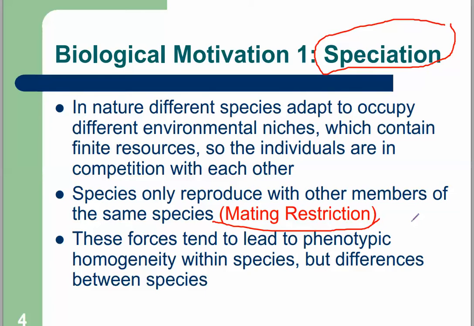It is a restriction of mating, and it is speciation. For example, the lion in Africa cannot combine with the lion in Asia, because these two types of lions exist in two locations, and it is not possible for these two types of animals to mate.